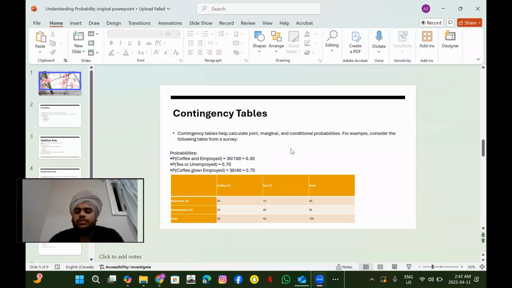For instance, the probability of someone being employed and preferring coffee is 0.30. The probability of someone preferring tea or being unemployed is 0.75.